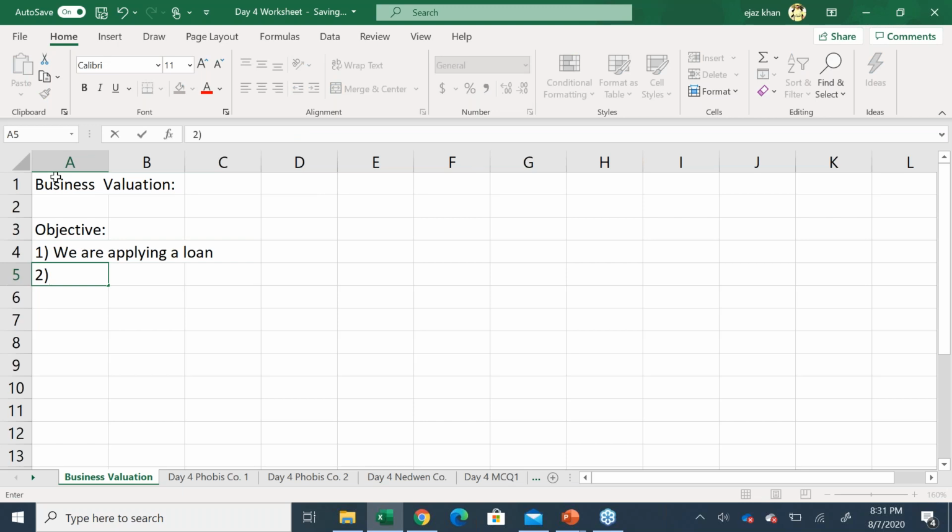Another reason may be merger. We may be merging one business with another. Third, it may be acquisition. Maybe we are acquiring a business. Maybe we are going to a stock exchange, maybe we are going for listing.